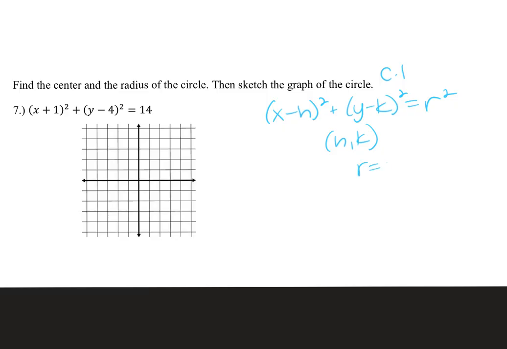And r is the radius, so we would square root. Obviously, the square root of 14 is not a perfect square, so when you go to square root that to graph it, you're going to approximate it. Square root 14 would be in between square root 9 and square root 16, so it's going to be somewhere in between 3 and 4. But we would approximate that answer.